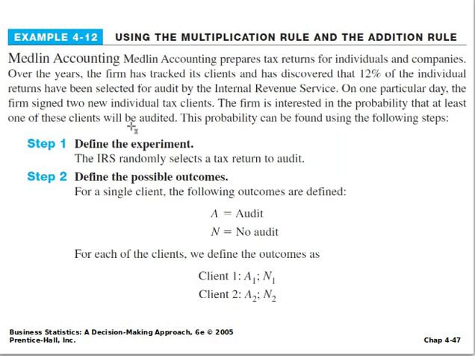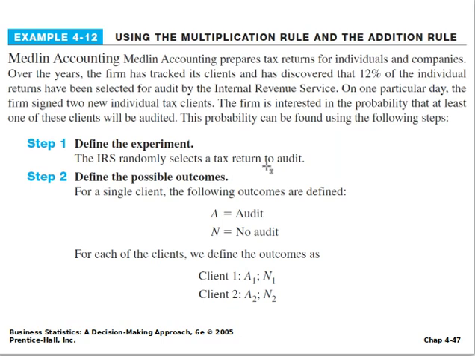That's audit. This probability can be found using the following steps. Step 1, define the experiment. The IRS randomly selects a tax return to audit.